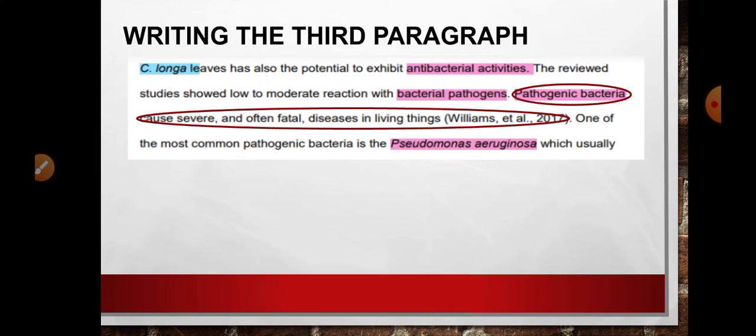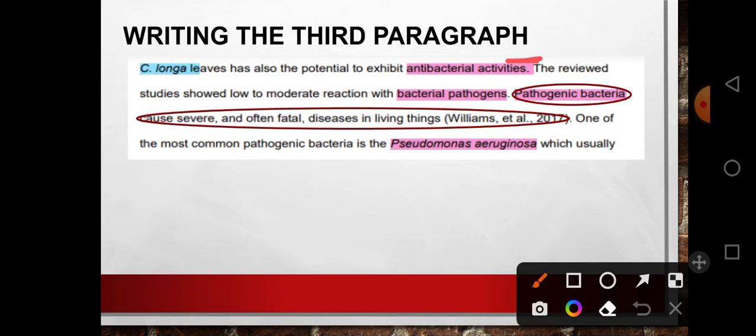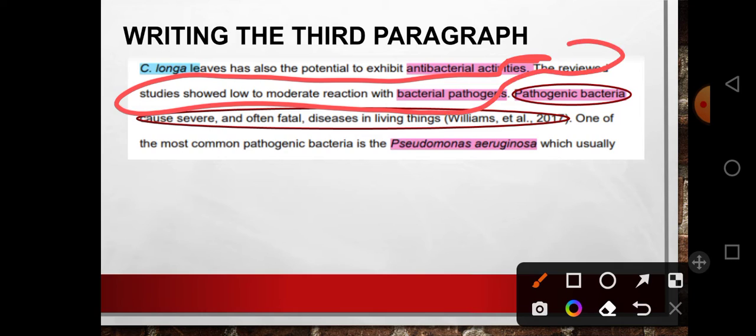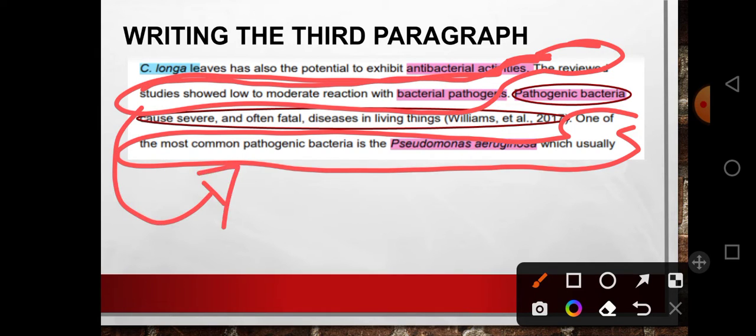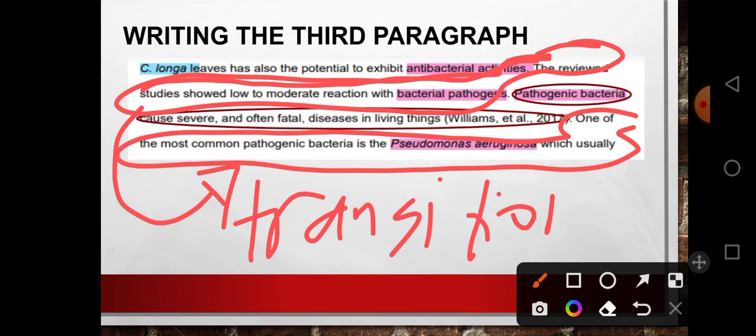Did it connect the first statement to the succeeding statement? Obviously, class, this encircled statement connected the first statement to the succeeding one. There is a transition from one topic to another.